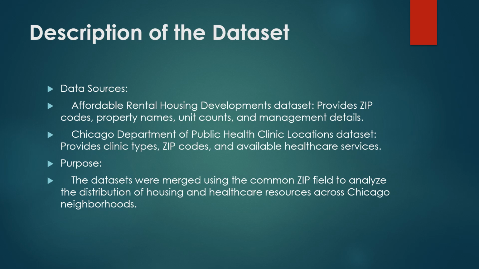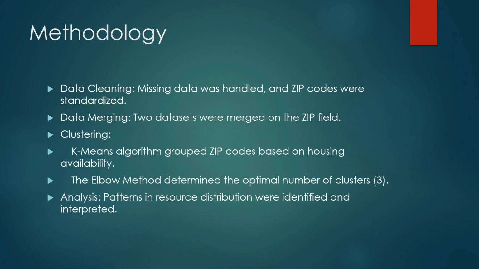So the zip code is a common column. Keep that in mind. So the methodology: missing data was handled and zip codes were standardized. We standardized everything according to the zip codes. We made new data sets using just the common zip codes from both data sets and then merged them together.